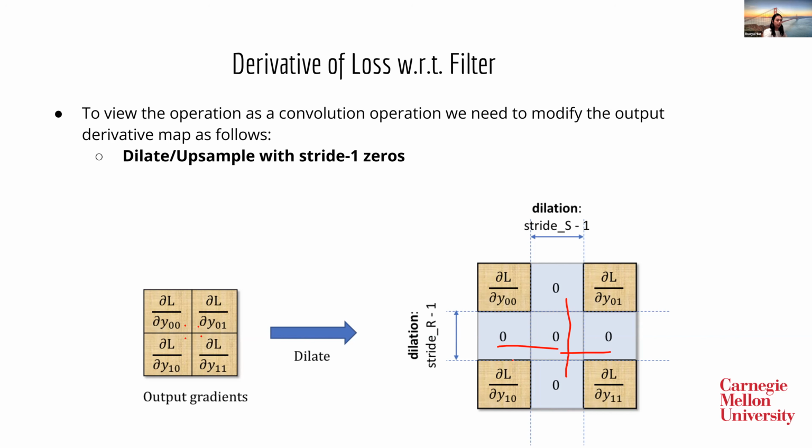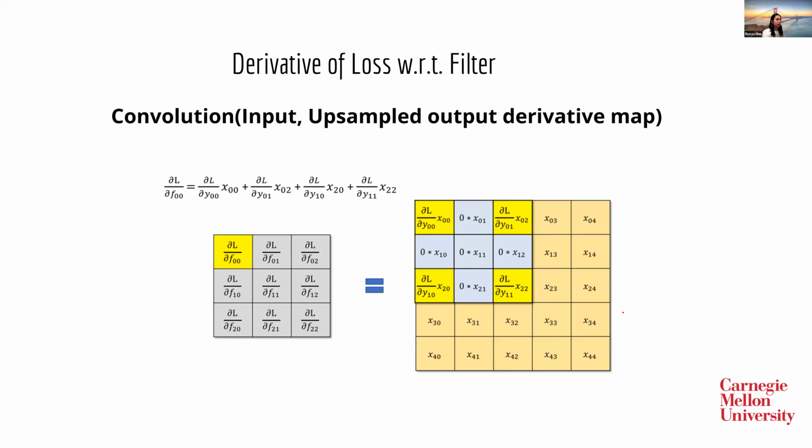So you can first dilate the output gradient, the affine gradient, with some zeros inside, and then use this dilated affine derivative map and see it as a stride one example, and then apply the previously discussed methods to calculate the derivative with respect to the filter.